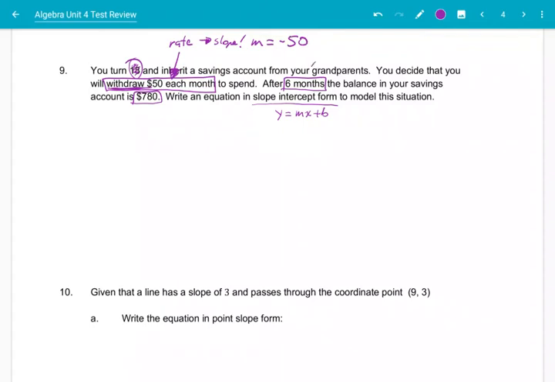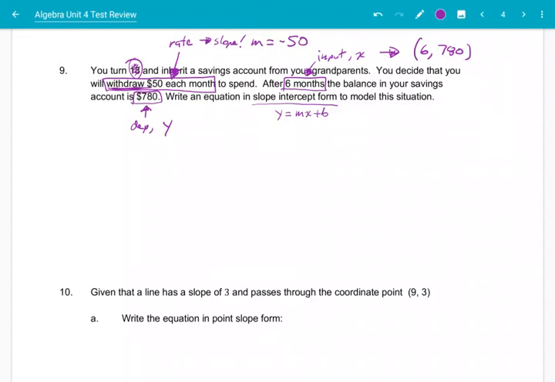Now these next 2 numbers, 6 months and the $780, well, those belong together, don't they? After 6 months, the balance is 780. Those numbers are kind of tied together. This is a dependent variable. This is the y value, which means this is an input or an x value. So this is really 6, 780.